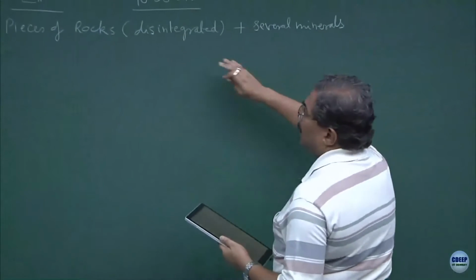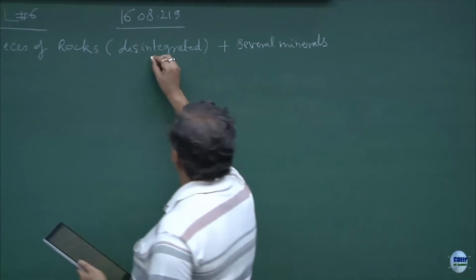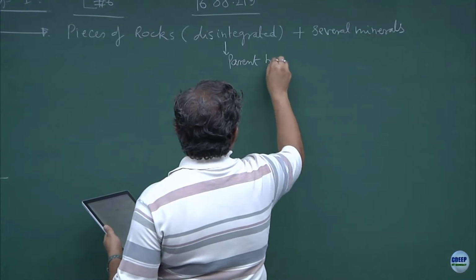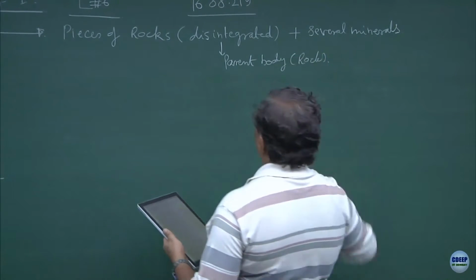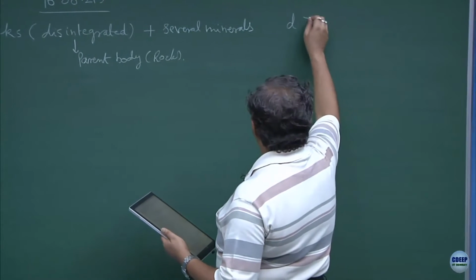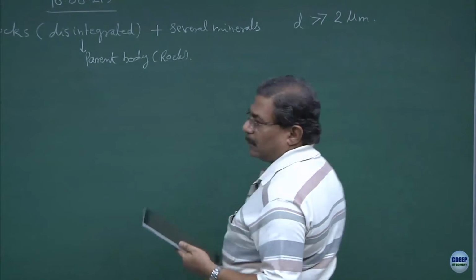As far as geotechnical engineers are concerned, pieces of rocks which are disintegrated from the parent rock, parent body I will write, which is nothing but rocks, and the diameter of these particles is going to be greater than 2 microns. Is this okay?